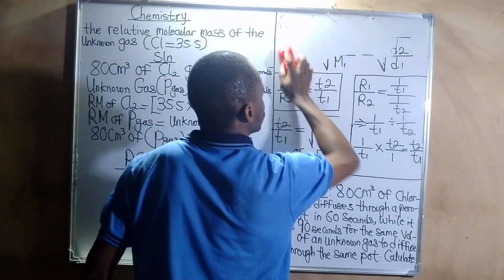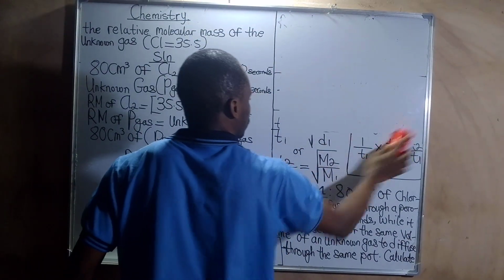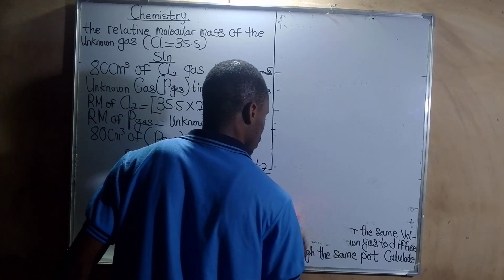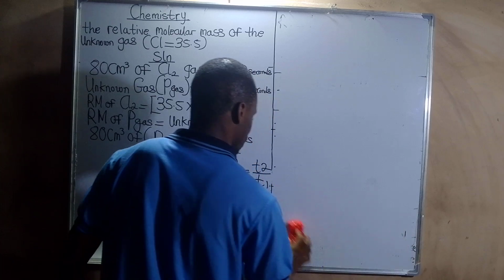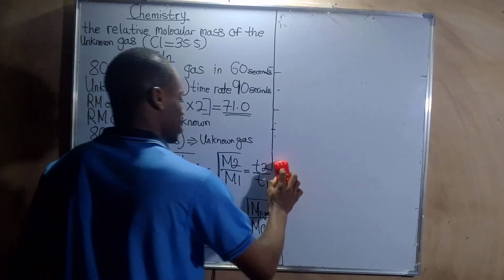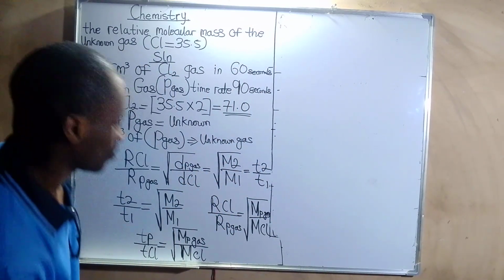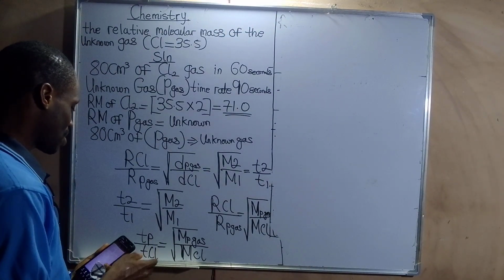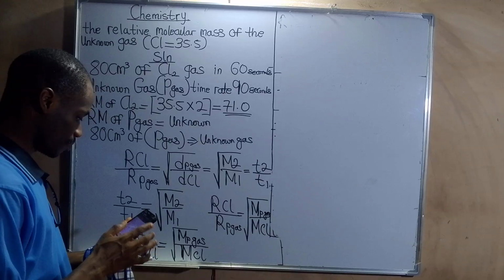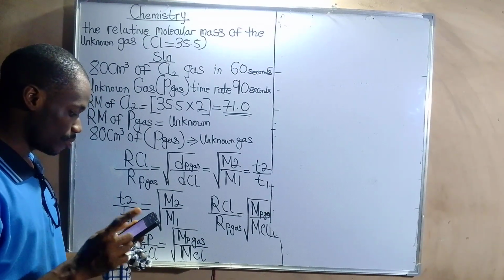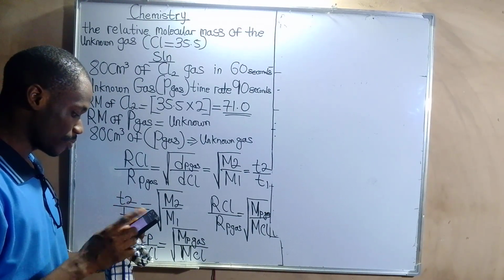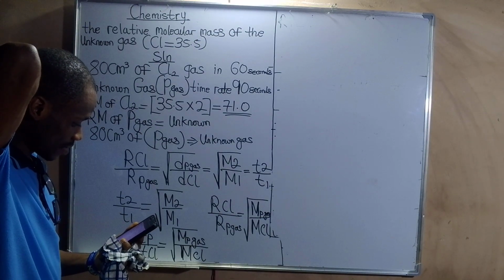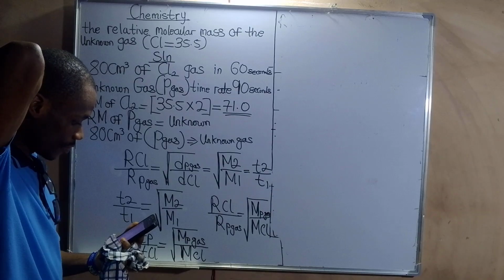So now, wiping this off. I'm taking my time because this is chemistry. I want you to understand the calculation very well. I've cleaned the question, but don't worry, I'll read it out in case it's required. Now, what's the time rate for P gas, which is unknown? It said 80 centimeter cube of chlorine gas diffuses through a porous spot in 60 seconds, while it takes 90 seconds for the same volume of the unknown gas.